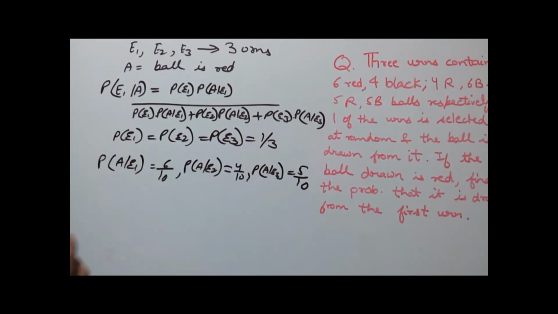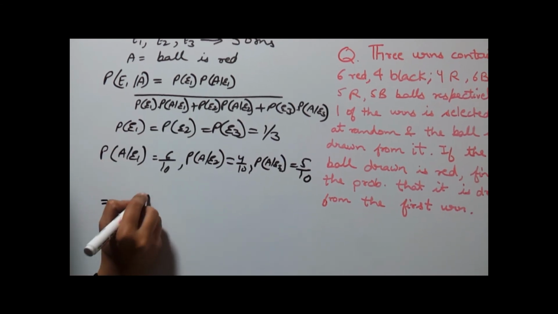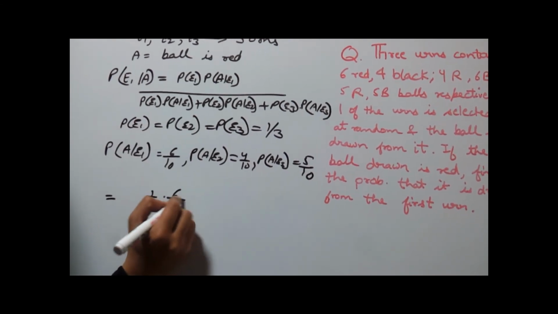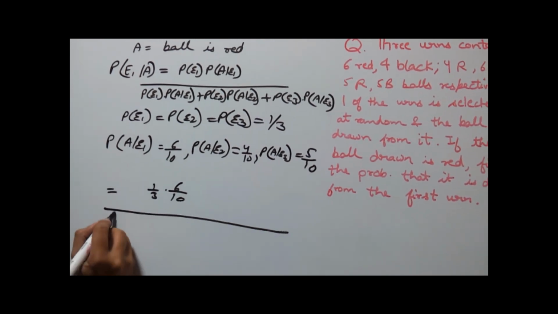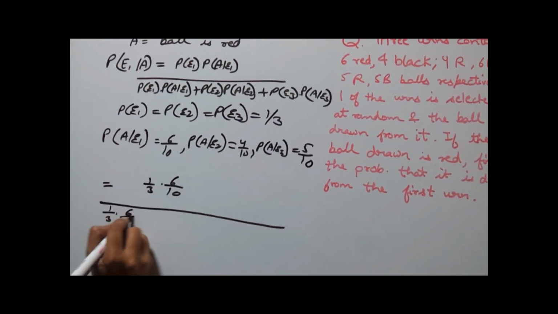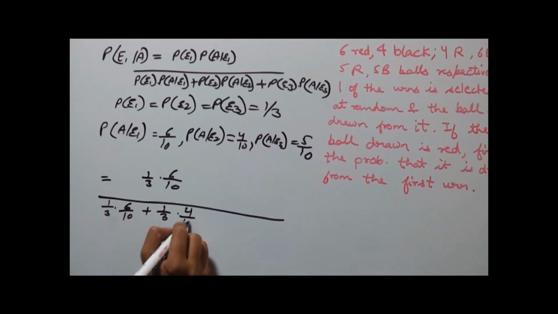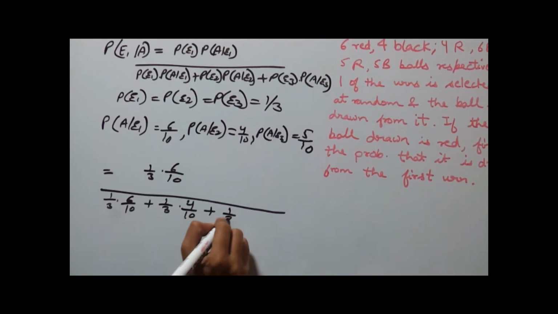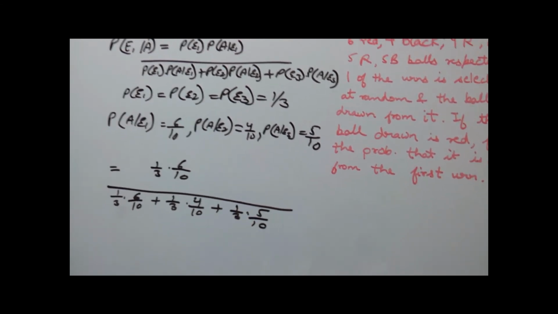Putting these values in the formula gives us probability of E1 given A equal to 1 by 3 into 6 by 10, divided by 1 by 3 into 6 by 10, plus 1 by 3 into 4 by 10, plus 1 by 3 into 5 by 10.